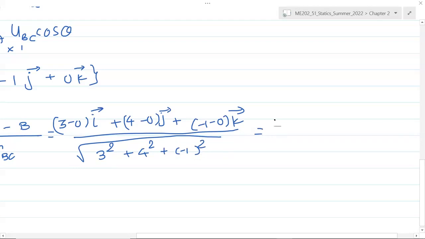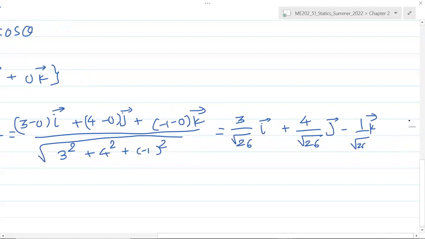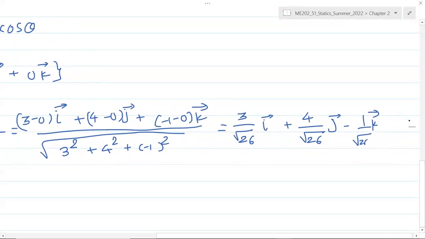Okay, and this is 3 divided by square root of 26 i plus 4 divided by square root of 26 j minus 1 divided by square root of 26 k. Now this does not have any unit as well because that's the unit vector.